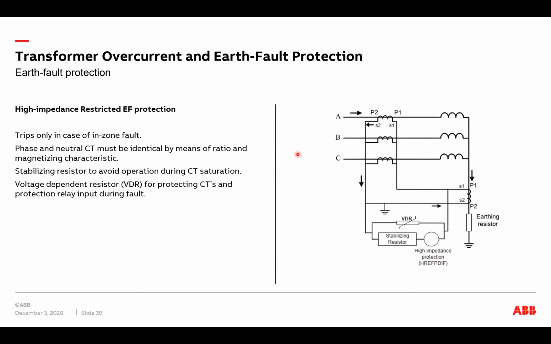As an alternative to the low impedance is the high impedance restricted earth fault protection. So basically the result is the same. Both operate only for faults inside the power transformer. The drawback here is that the ratio of the phase CTs and the neutral CT must be the same. So basically phase and neutral CTs must be identical.